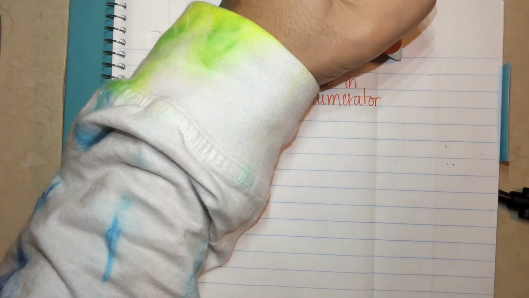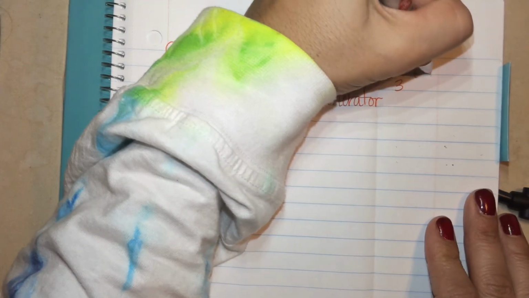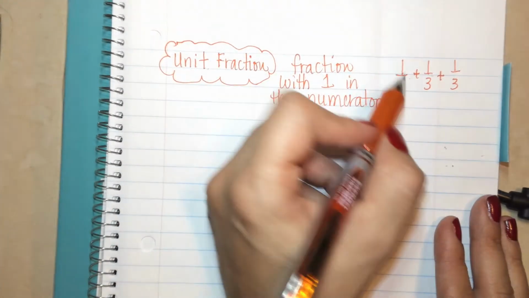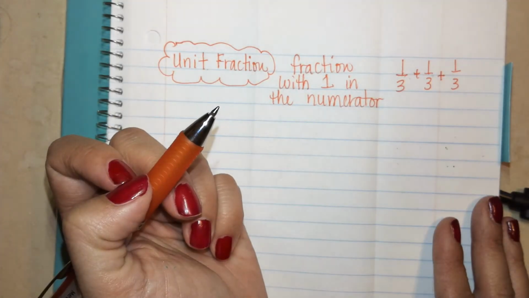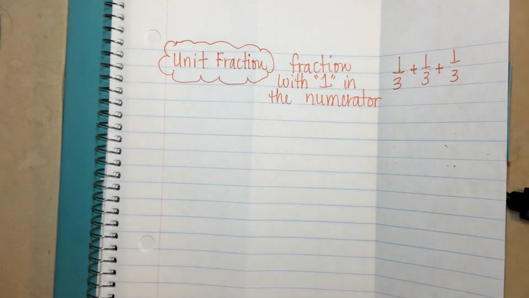So, for instance, if you've got 1/3 and 1/3 and 1/3, these are called unit fractions. You have a 1 in the numerator.